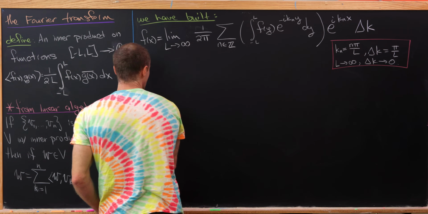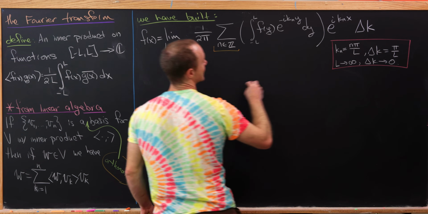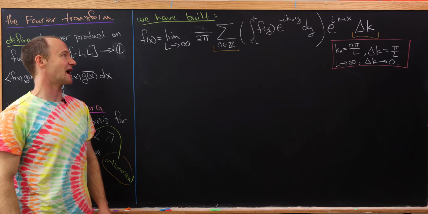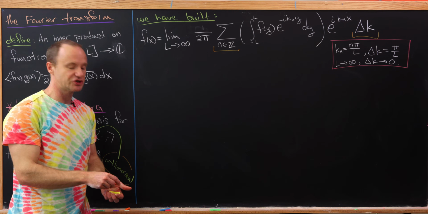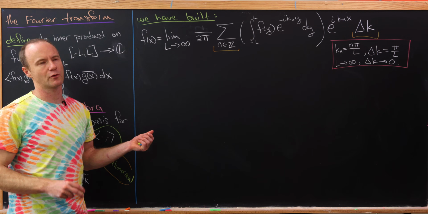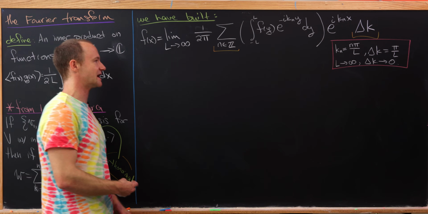So that's going to turn this sum right here, that's kind of flanked by this delta k on the other side, into an integral. In fact, what we really have here is a Riemann sum, or kind of a version of a Riemann sum for the integral that we get to write down.